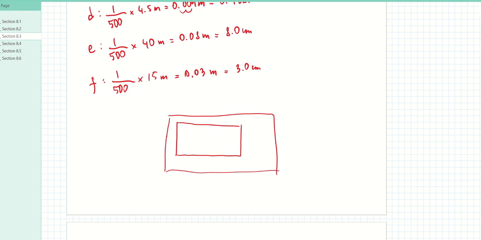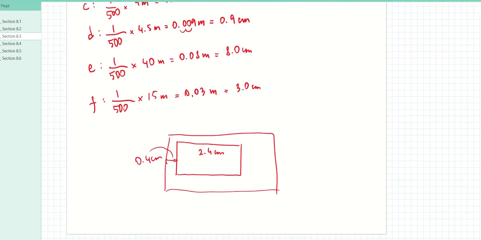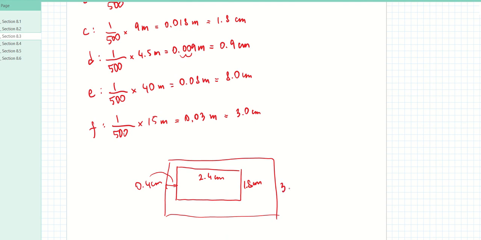So here you'd have your 0.4. Right now this is going to be centimeters. This distance here would be, let me just write it here, 2.4 centimeters, right? So all the values that we just calculated here, this is going to be 1.8 centimeters. F, we found it to be 3.0 centimeters.